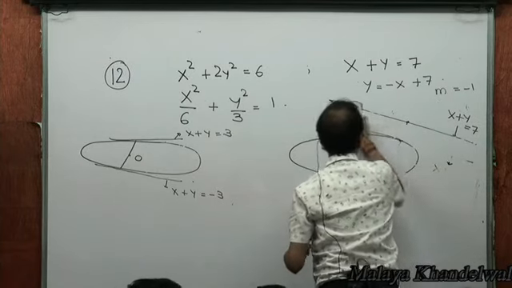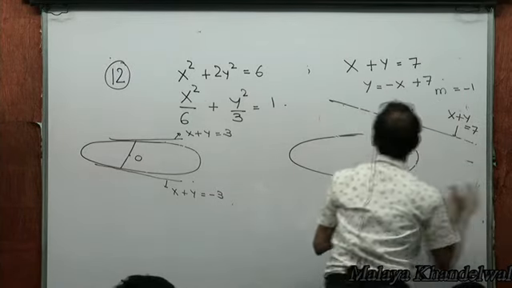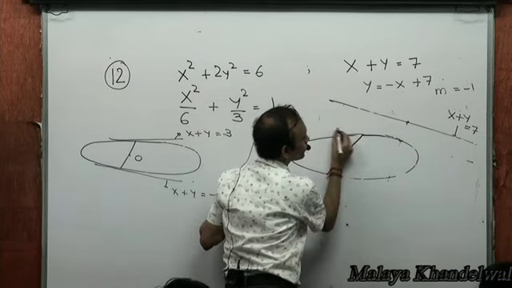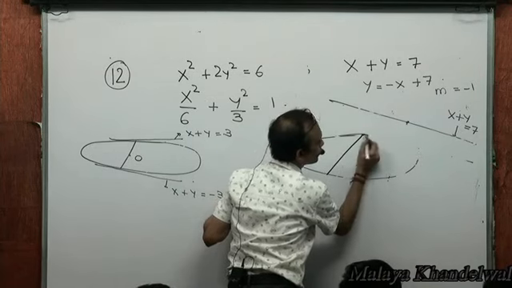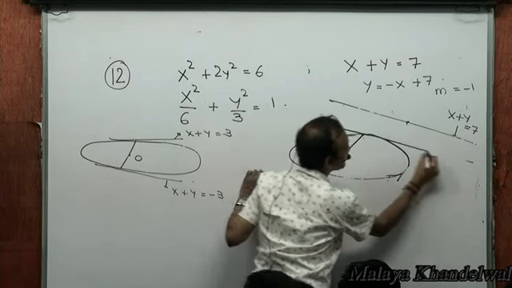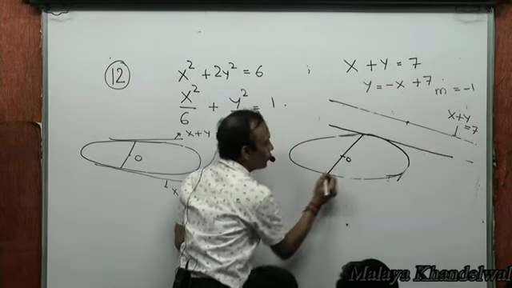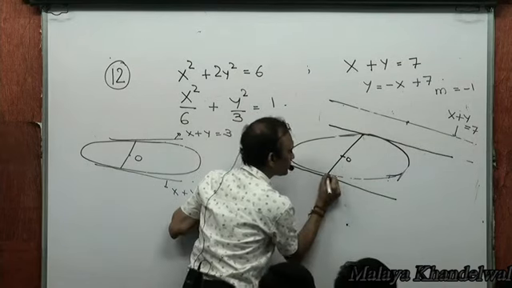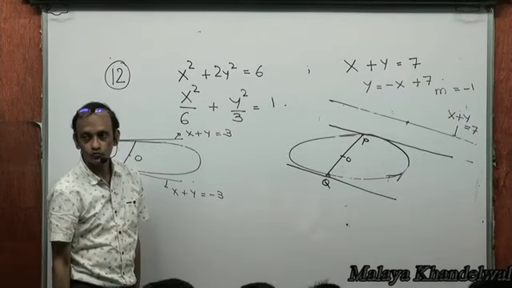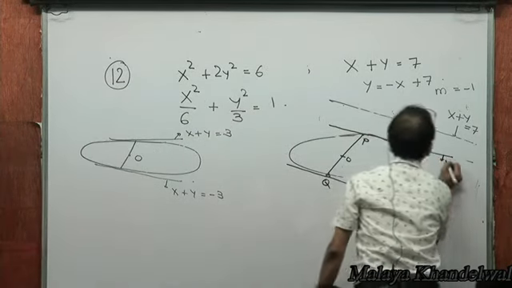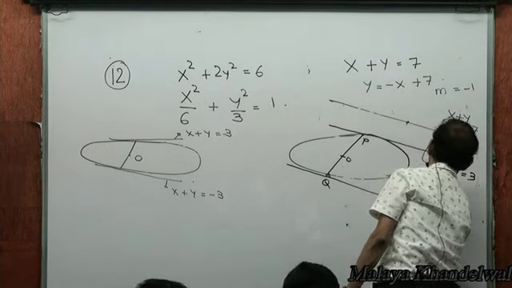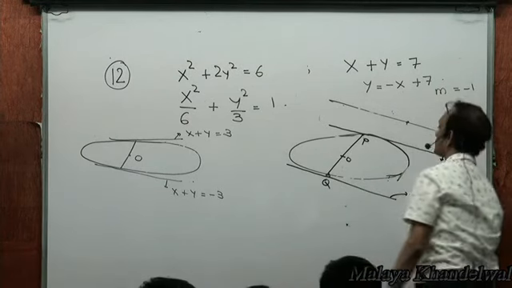So this would be O. This would be a tangent drawn at P. This would be a tangent drawn at Q. This would be the tangent x plus y equal to 3, and this would be a tangent x plus y equal to minus 3.